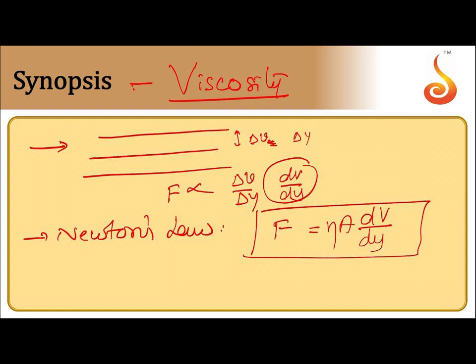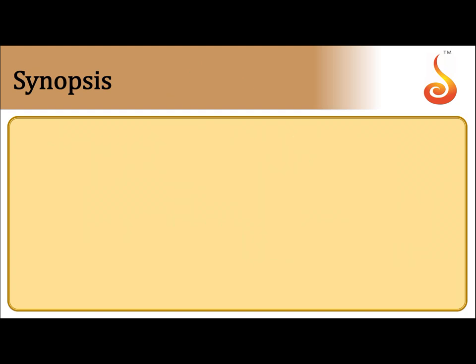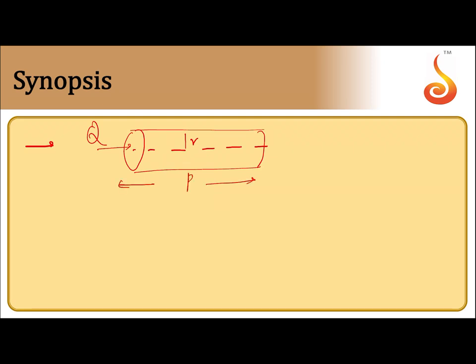A couple of important equations here. Suppose I consider a pipe or say liquid flowing here. Let's assume that Q is the volume of the liquid flowing per unit time through a pipe of radius R, across which a pressure difference P is maintained.